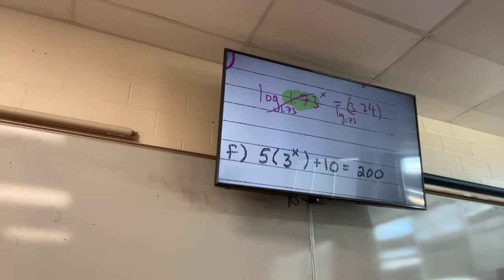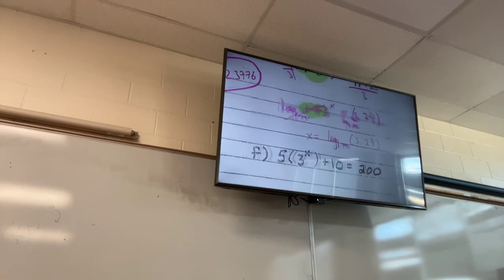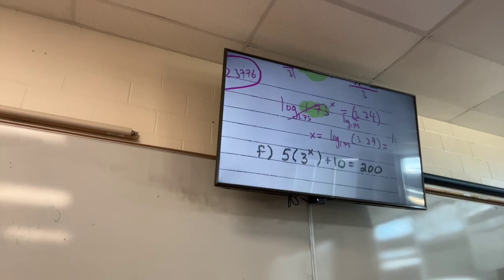These cancel, we get x equals log base 1.73 of 3.24. Okay? How do I put this in my calculator? What do I have to do? Yeah, so I use change of base. Log base 10 of 3.24 over log base 10 of 1.73.